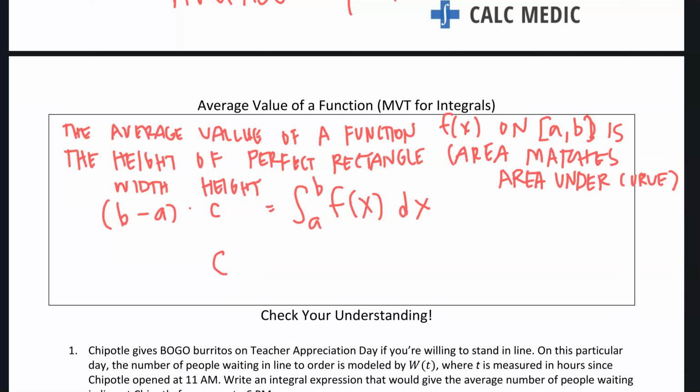So I can find that c value. So this is the average value of a function. This is the height of that perfect rectangle. So we could say what? 1 over b minus a times the integral evaluated from a to b of f of x dx.